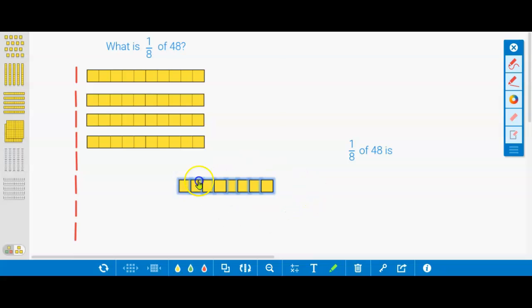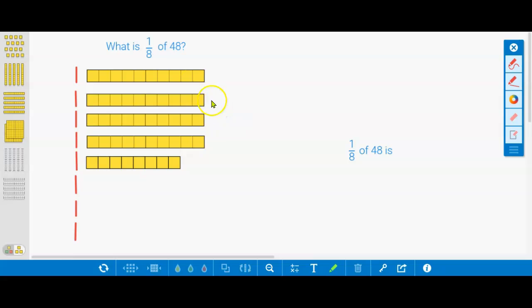We're going to have to split 10s up in order to put these yellow squares into these 8 rows. So let's start that. Break them apart. Now this is where holding the Shift key comes in handy, because instead of moving these one at a time, we can move a group of them, and that'll make this take a little less time.